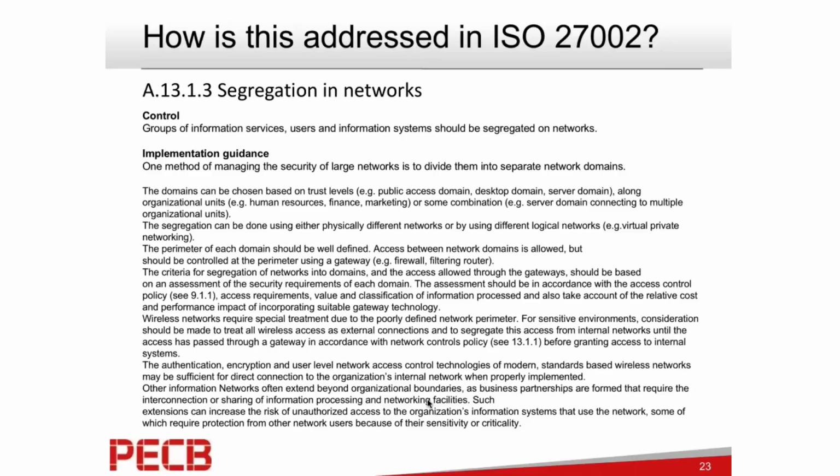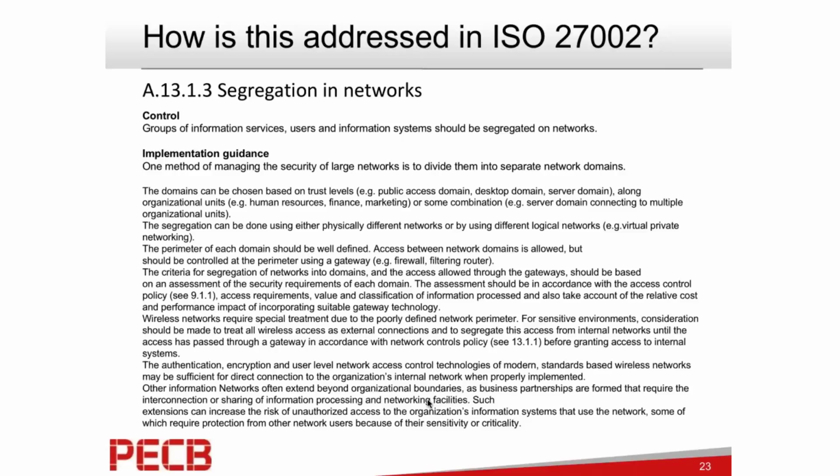They can be chosen based on trust level: server domain, desktop domain, public access domain. They can be selected based on organizational units, maybe HR, finance, data center, marketing. It can be a combination, maybe a server domain connecting the finance, or the CRM of the organization.